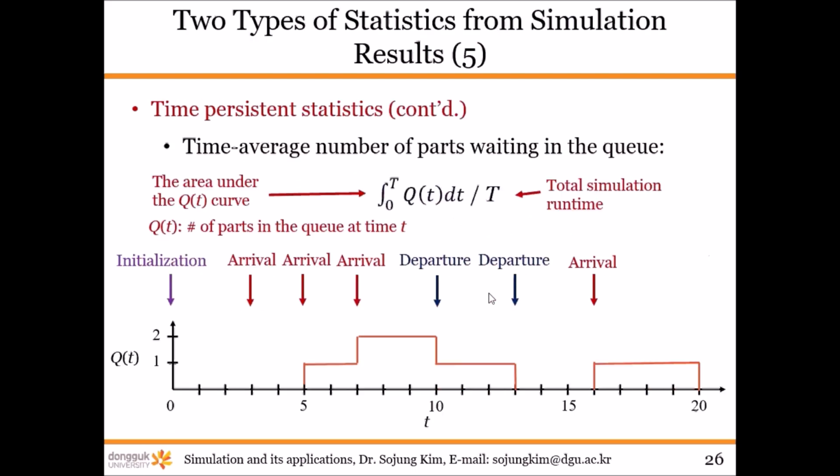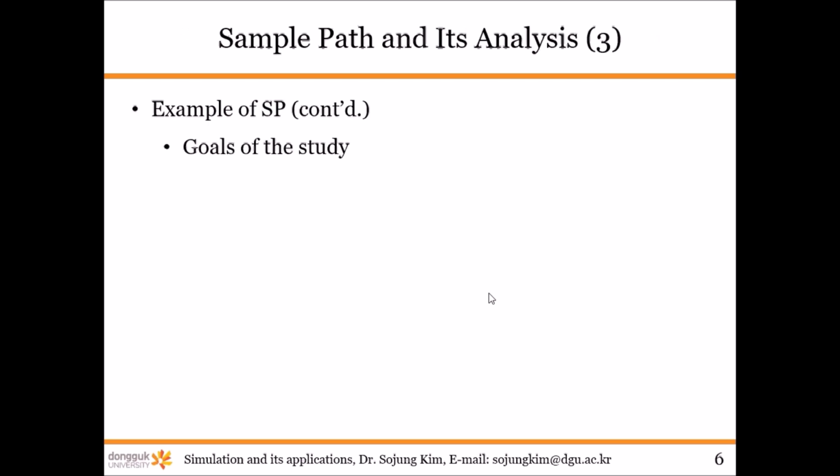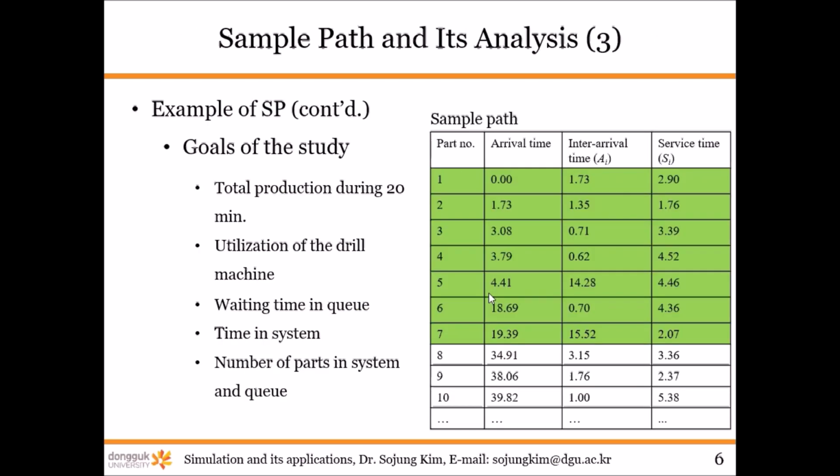Let me go back a little bit. If you're thinking about the sample path analysis, initially the sample path has an arrival time of a certain part, right? And then also a service time for a certain part, right?